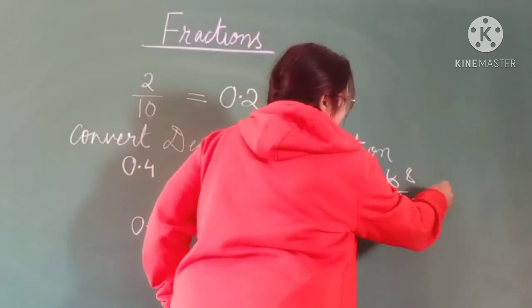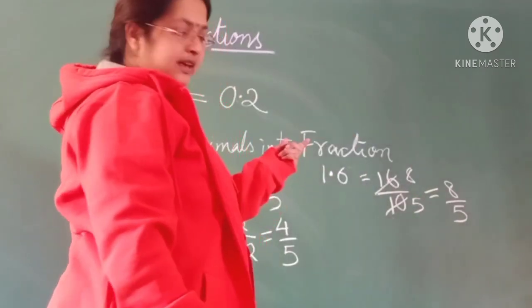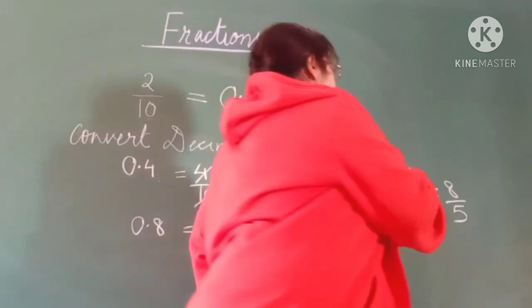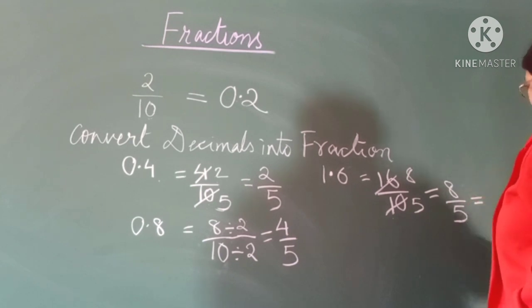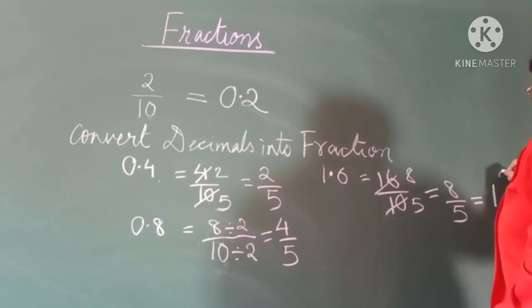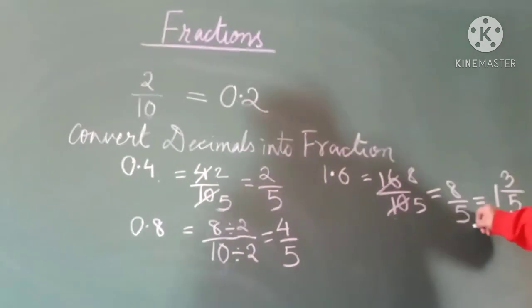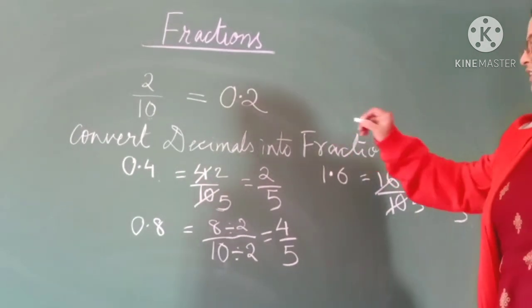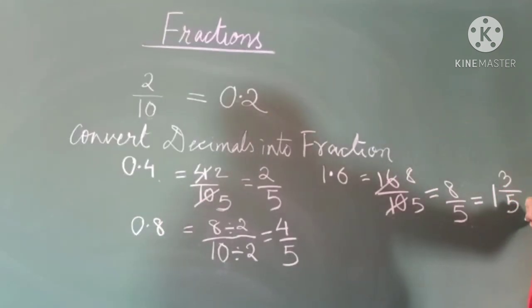So 8 by 5, and 8 by 5 is an improper fraction. So we should convert it into a mixed fraction. So what will we do? 8 by 5 means 5 ones are 5, and 3 by 5. So this way we can convert all the decimals into fractions or, say, mixed fractions.